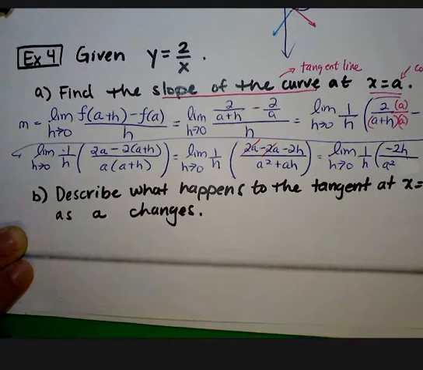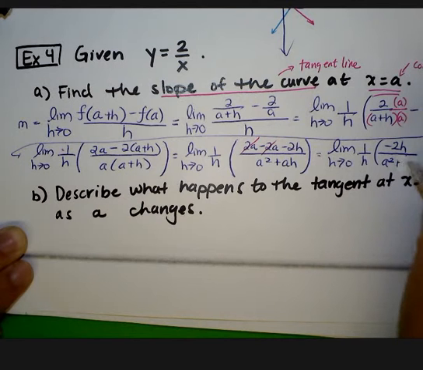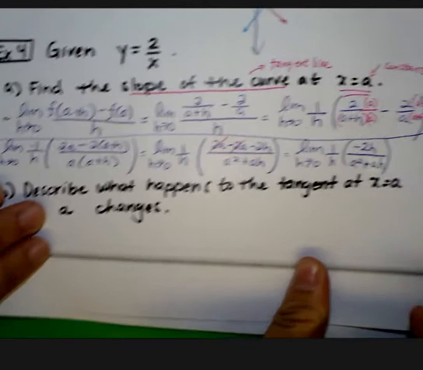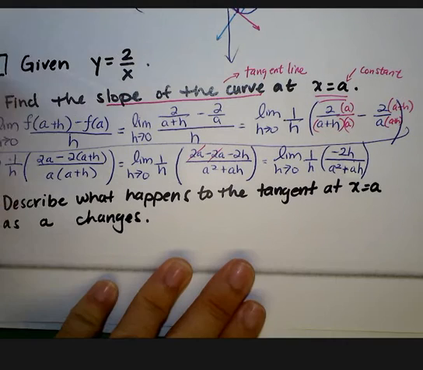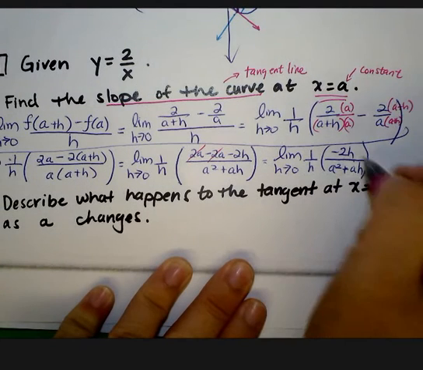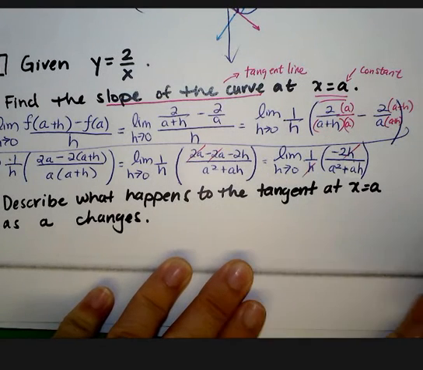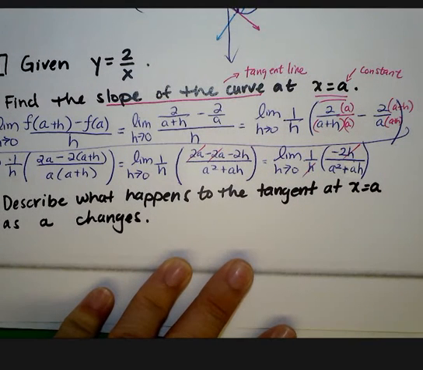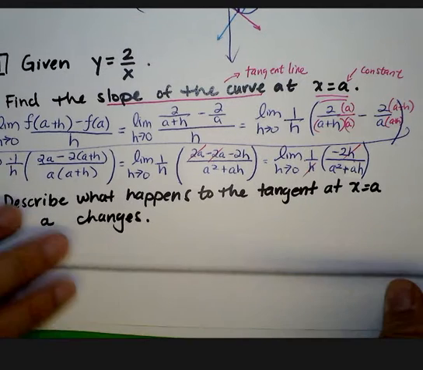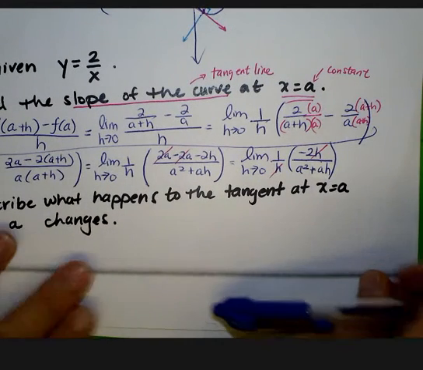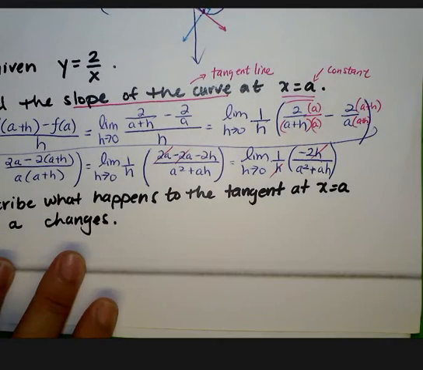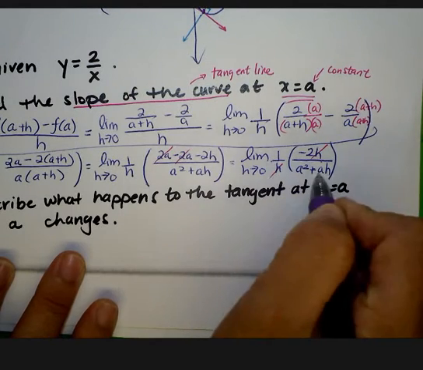Do you see it now? What can I do? Cancel this h and that h. Because that h bothered me a lot, because that would make the whole thing have 0 in the denominator, right? That changes everything. Now, can I actually substitute 0 into this remaining h?